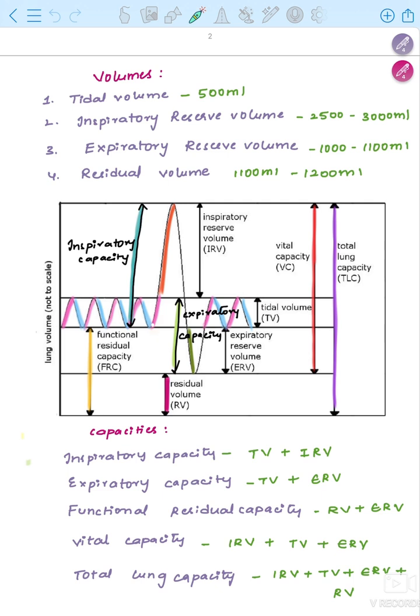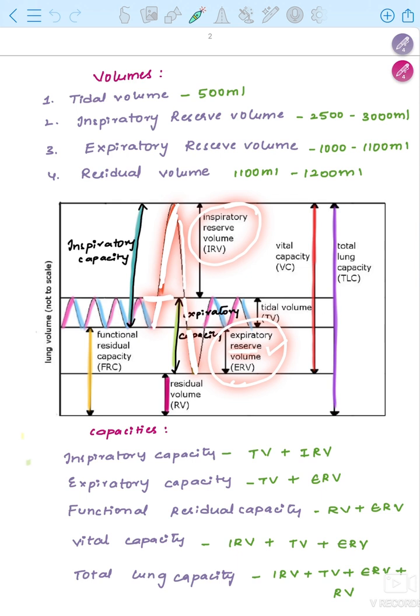After normal inspiration, that is 500 ml of air inspired during normal breathing, the additional volume of air which is inspired forcefully is known as inspiratory reserve volume. Now this inspiratory reserve volume will go out of the lung, and tidal volume through expiration will go out of the lung, and the additional volume of air which is expired forcefully is known as expiratory reserve volume.